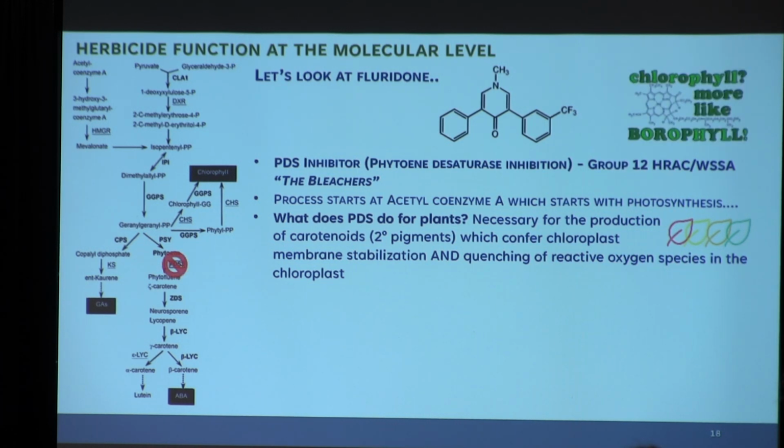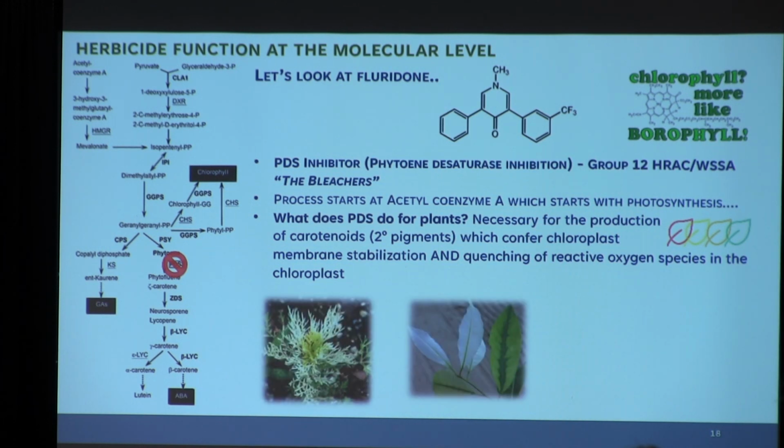If I inhibit PDS in plants, it starts this whole enzymatic pathway of really bad things happening. But fluridone is really cool to see in plants because it's called a bleacher. It turns the plants white. It is the only mode of action that you're going to see this. If you've ever put fluridone out on, say, milfoil, which it's very effective on, generally 2 to 3 weeks post-treatment, you can actually see those tips turn bright white.